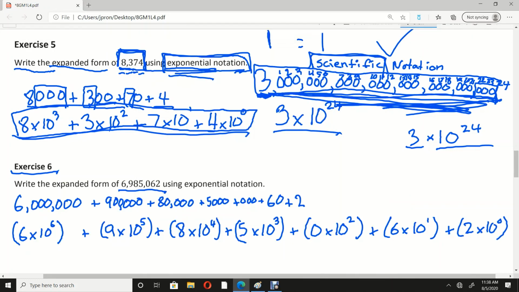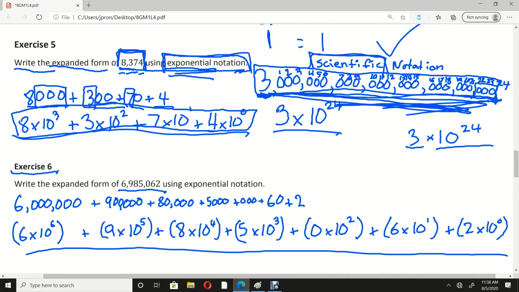As always, ladies and gentlemen, thank you for your participation. So you should have come up with something like this right here. So first you take the 6 million, you convert it into 6 times 10 to the 6th. There are 6 zeros. 6 is the first number. So you're multiplying 6 times 10 to the 6th power. Okay. 90,000, 9 is your first number. How many zeros are there?